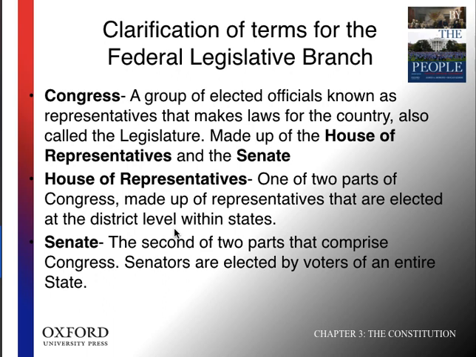However, the Senate, we have 2 senators, Catherine Cortez Masto and Jackie Rosen. They are both accountable to everyone in the state. So if you want to know who you need to contact, it's either your district representative or your 2 senators, which would be the same for everyone else in the state.